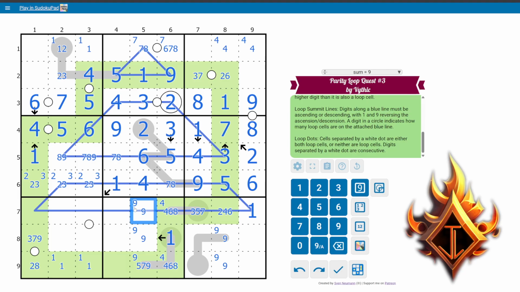Or we hit a 9 here. Start going down this way. We do indeed hit a 9 somewhere here. I just don't know if it's there or if it's here. I guess I need to find out where that 7, 8 goes first.